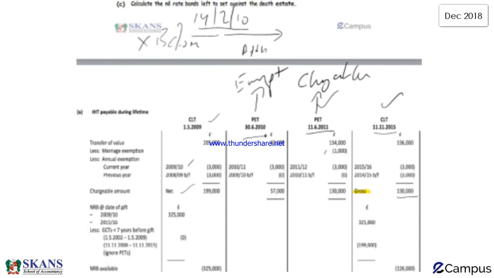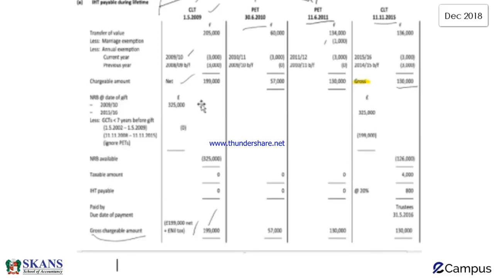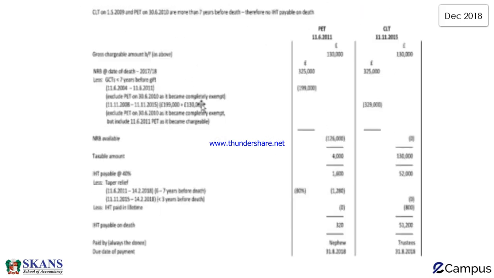But as far as this PET is concerned, this would not be using any nil rate band, as it would be considered as an exempt transfer on the death calculations. Whereas if the CLT falls within 7 years before the date of transfer, in that case the CLT would still be using nil rate band, although it did not become chargeable on death. So keeping those things in your mind, this is how you should be doing the death calculations.